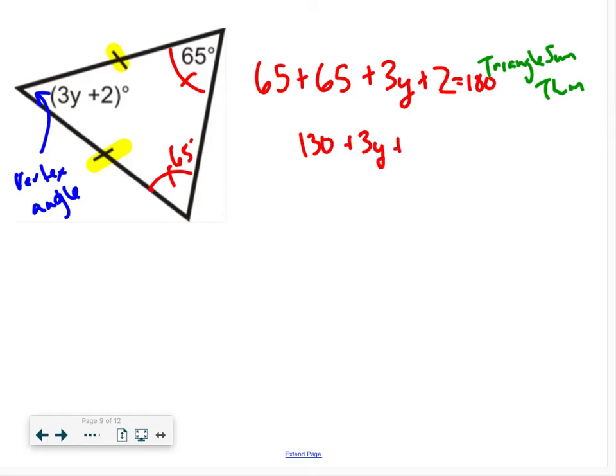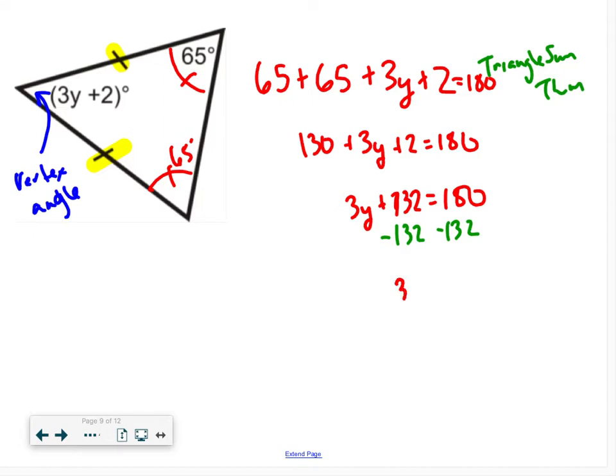So 65 plus 65 plus 3y plus 2 equals 180. I still have another term to combine. So 3y plus 132 equals 180. Subtract 132 from both sides, and I end up with 3y equals 48. Divide by 3. y turns out to be 16.